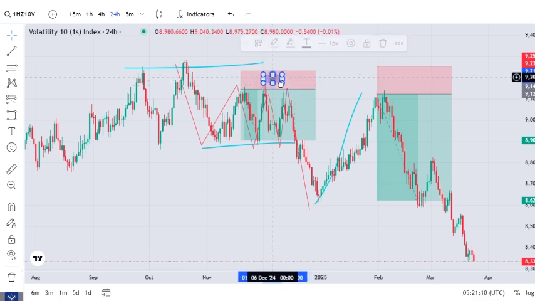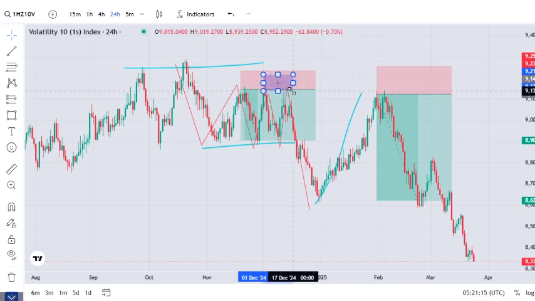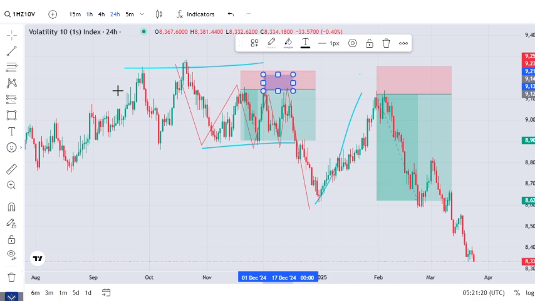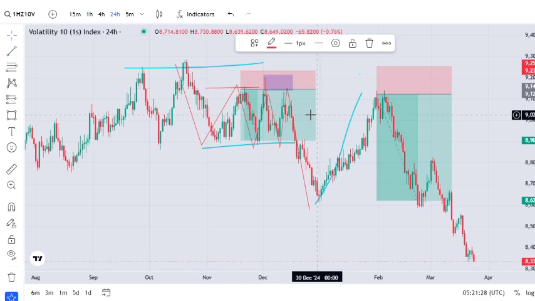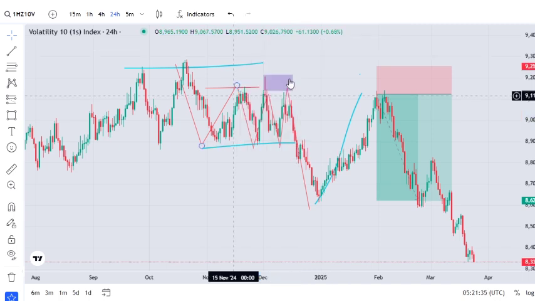So we can say this is our entry here. If you look at that very well, you see a liquidity grab behind that, which is this place here. That's a liquidity grab. This is a liquidity grab here. There's liquidity resting above these highs. Let me take this off so you understand what I'm saying. There's liquidity resting above these highs here.